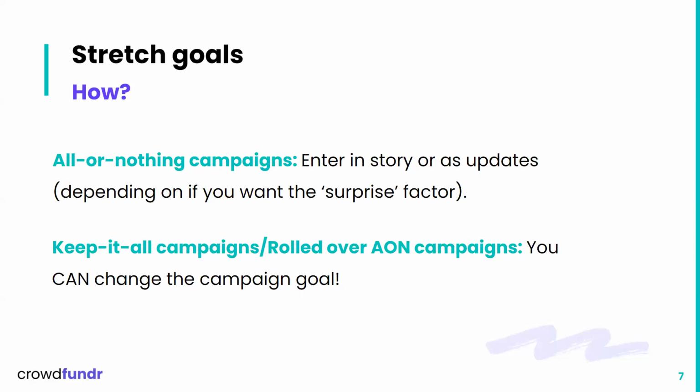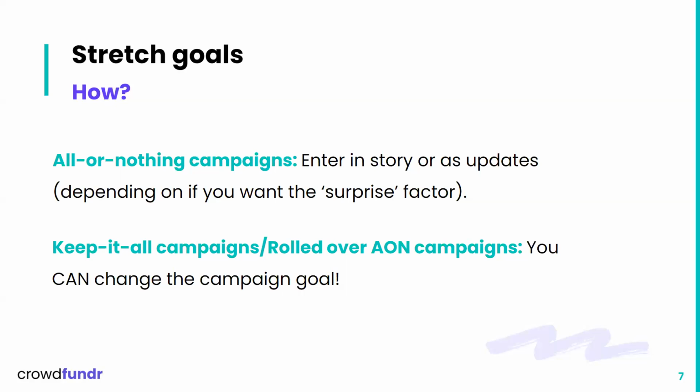So, say you have a keep it all campaign and your goal is $5,000 and you've hit that goal, and you want to put an update to your supporters that says, hey guys, let's go for a stretch goal of $7,000. You can leave the goal as it is if you like, and just put in the update, but you can also change the goal and then use that thermometer bar as is, and it will then change to, you have now raised $5,000 of a $7,000 goal.